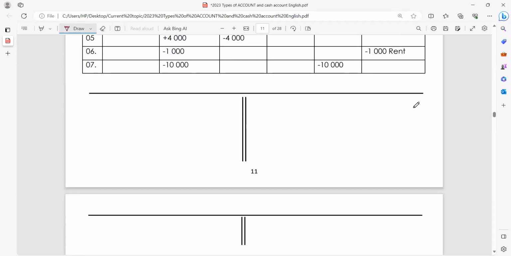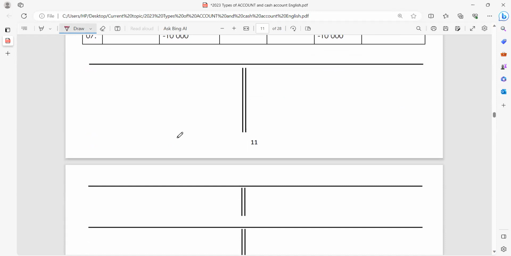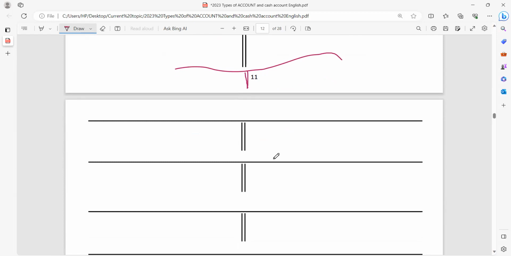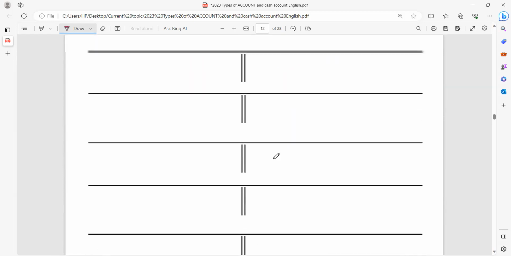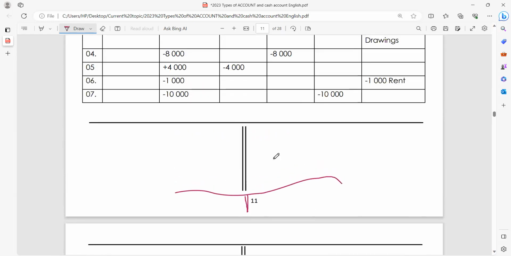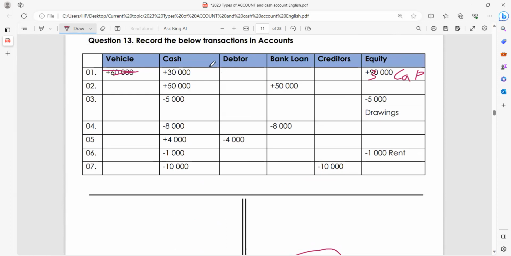Under this cash account, if there's a shortage of space, draw one more T account and do the rest. You can draw it near number 11, in the available space. So you prepare one cash account for all the 7 transactions.